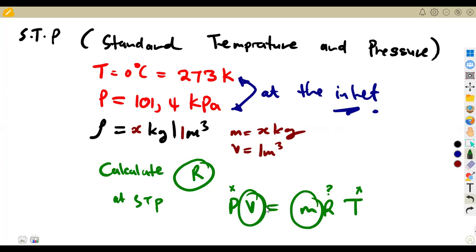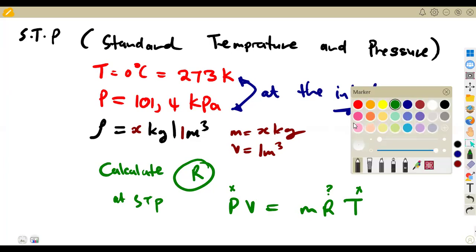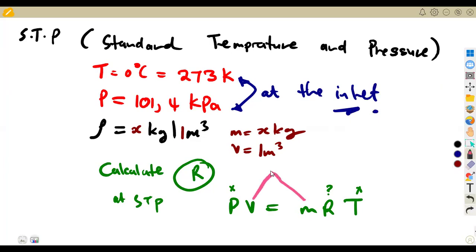The volume and mass you use here are the ones from the density at STP condition.